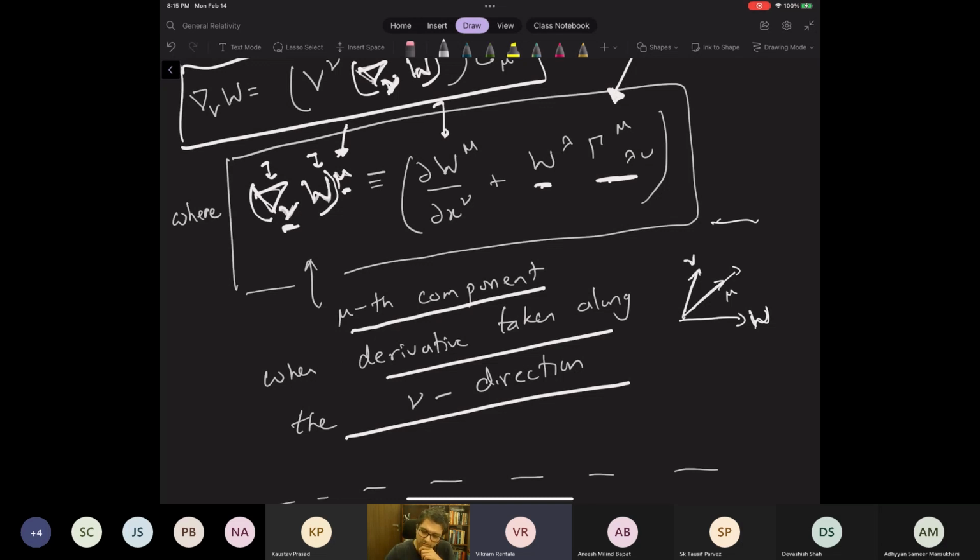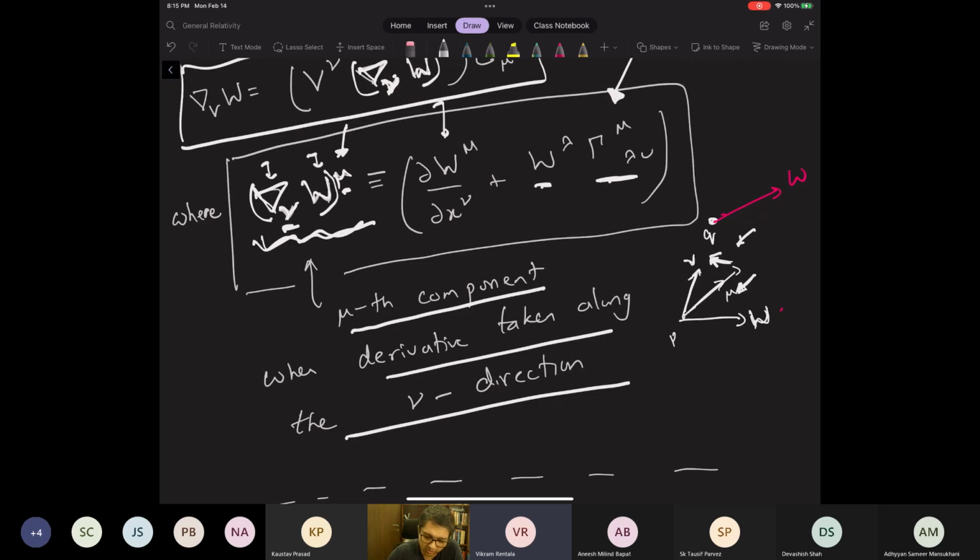I move to this point Q; this is the point P, this is the point Q. I find out what is the change in the vector W. I have some other vector W here because this is a vector field, so I have to parallel transport it here, take the difference, divide by epsilon and so on. Then I get a new vector over here, and I take the component of this vector along the mu direction. So this is the derivative along the nu direction, and that's what we mean by this quantity.